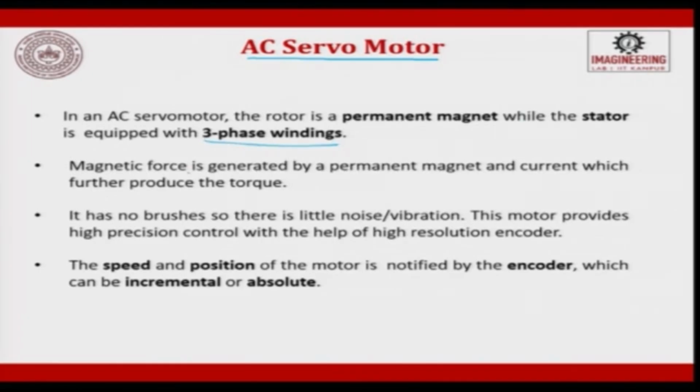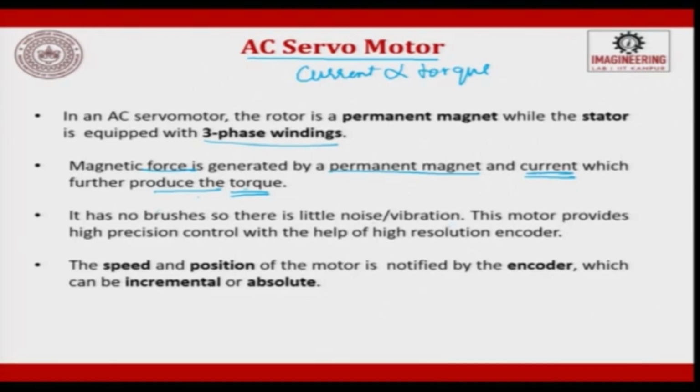The magnetic force is generated by the permanent magnet and the current controls the torque. As in the previous case, current is proportional to torque and voltage is with respect to the magnetic field. It has no brushes, so there is little noise and vibration.